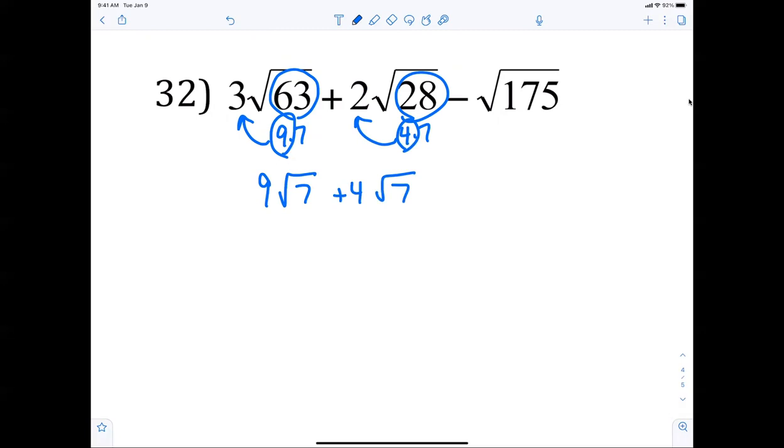And now, how many quarters in 175? Well, you know it's something times 7. It's going to be 25. That was your clue, 25 times 7. What's the square root of 25? So there you have it.